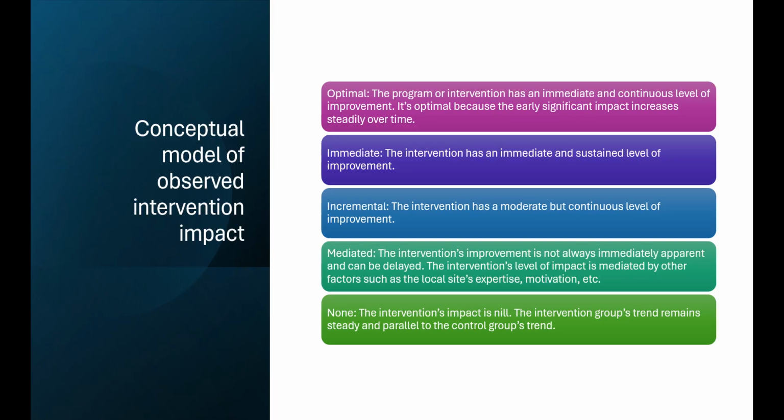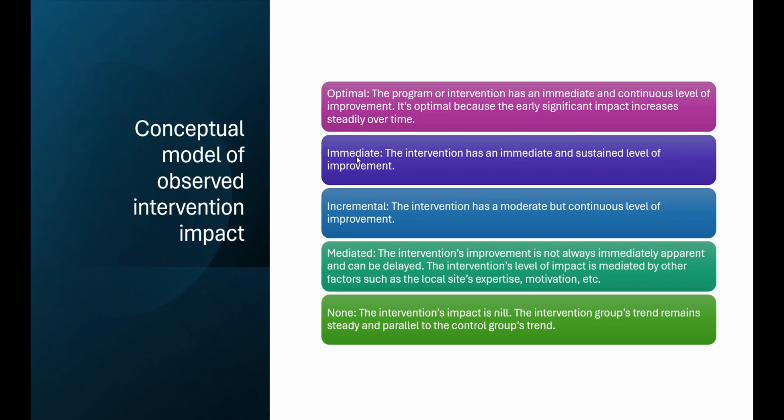So here are some examples of different types of impact. First off, we have optimal impact. The program or intervention has an immediate and continuous level of improvement. It's optimal because the early significant impact keeps on increasing over time. So not only do we see an impact right away, but we see continual impact from our program or our intervention.